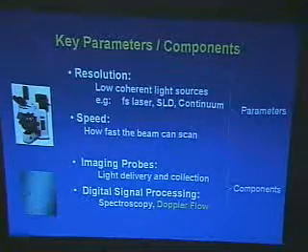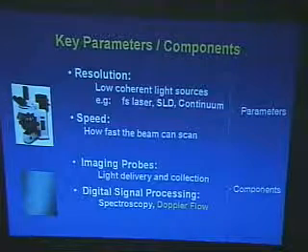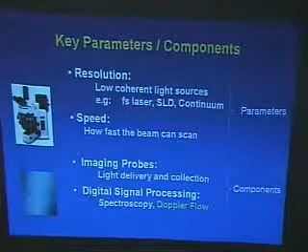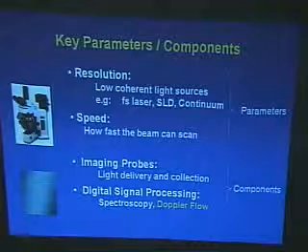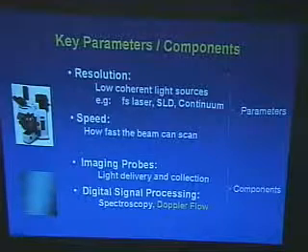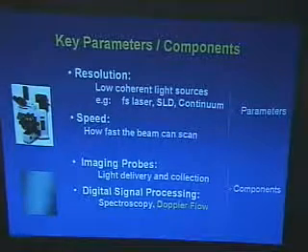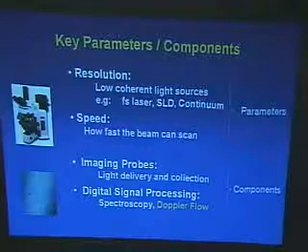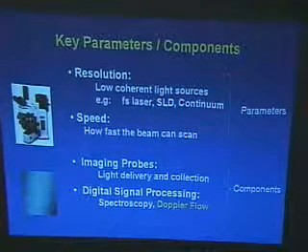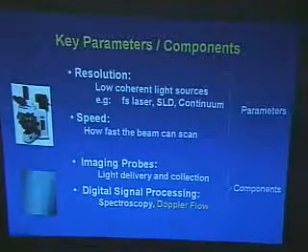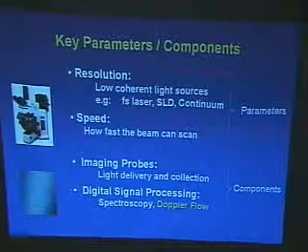Of course, another parameter is how fast we can do imaging. In order to remove or reduce motion artifact, we hope to do real-time imaging, fast. That means we can change the optical path length very fast. You remember in the reference arm, the little mirror moves very, very fast.